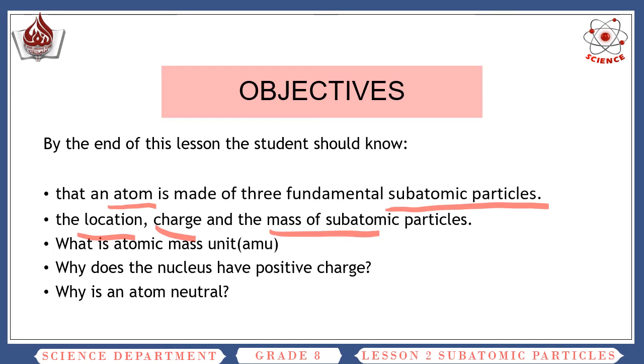Also, we have to know the meaning of atomic mass unit, or AMU. And you should know that any nucleus in any atom has a positive charge, and the atom in total is neutral.